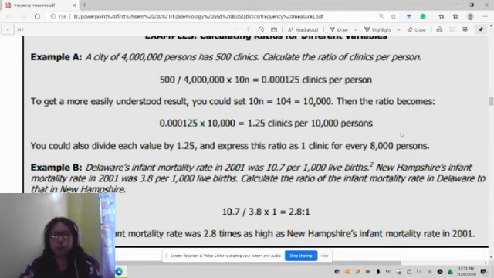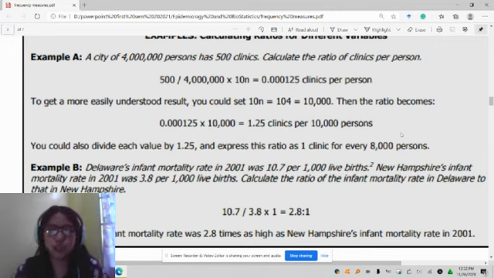Or if you want to get a picture as a whole number, you can express this as one clinic for every 8,000 persons. If you divide 1.25 by 1.25 and 10,000 by 1.25, you also get the value that one clinic is for every 8,000 persons.